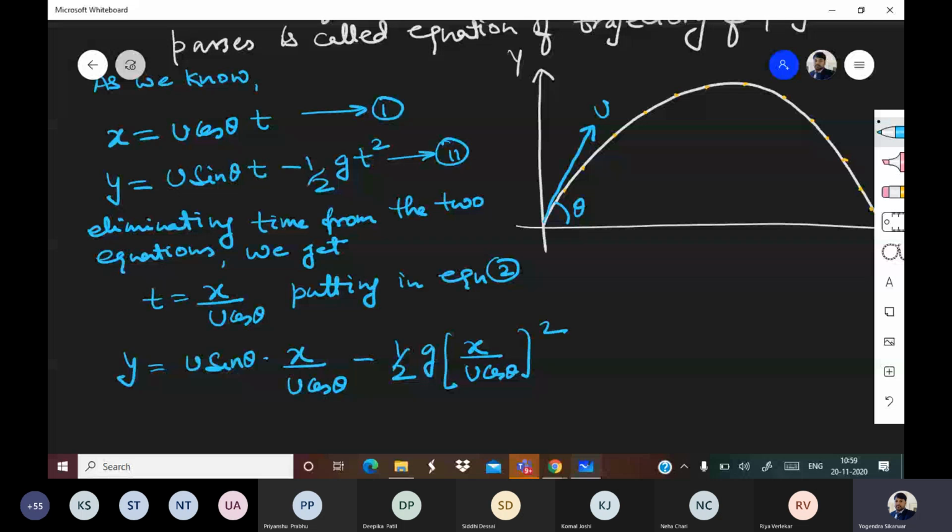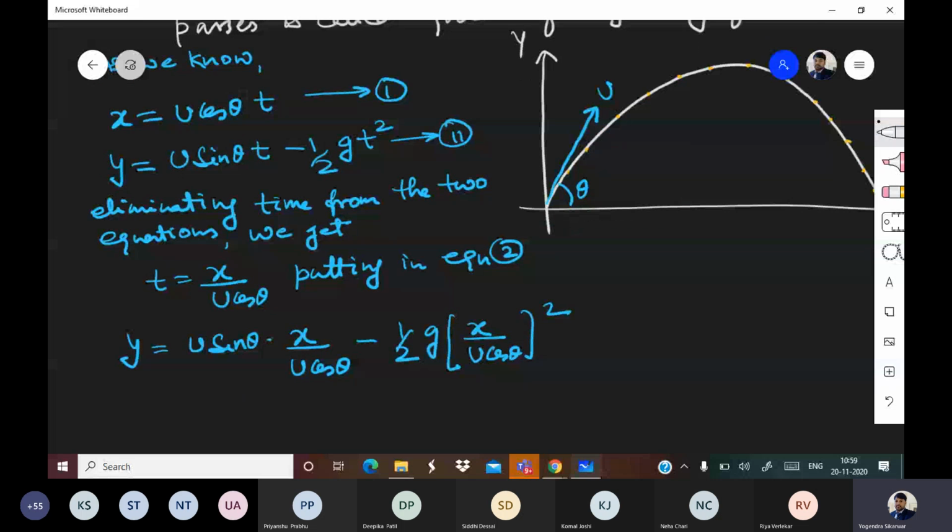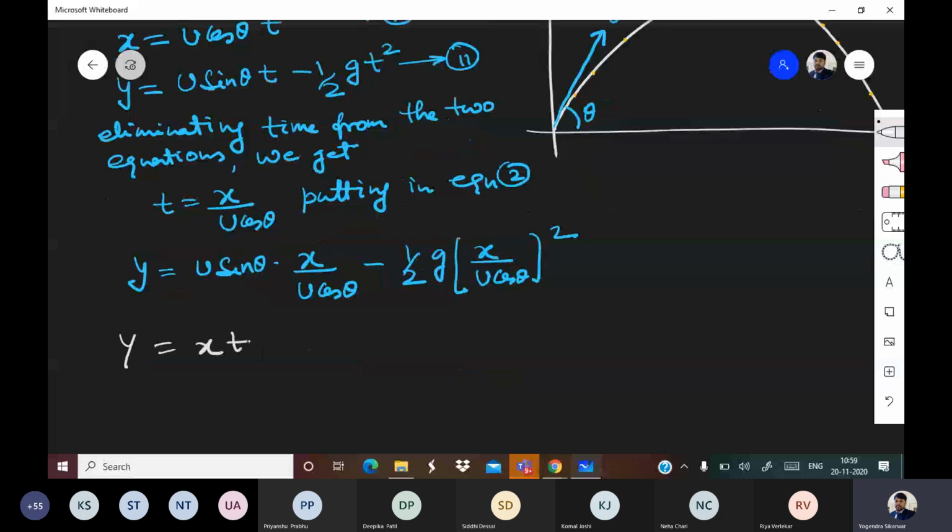Okay, so we have now eliminated time. Pay attention, it will give us y is equal to x into tan theta minus g x square upon 2 u square cos square theta. This is your equation of trajectory.